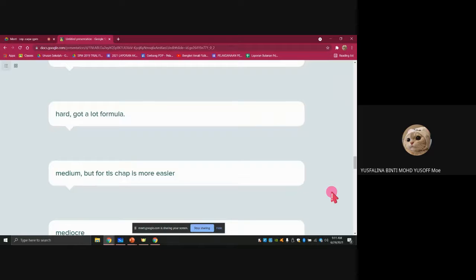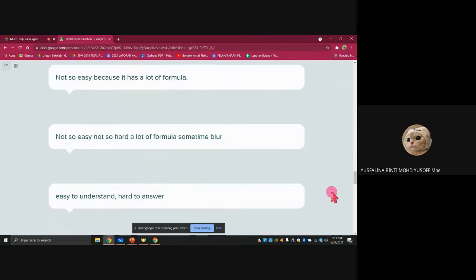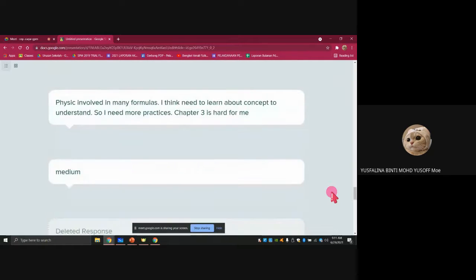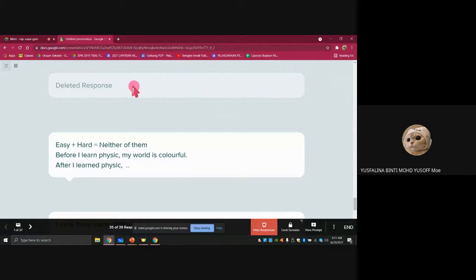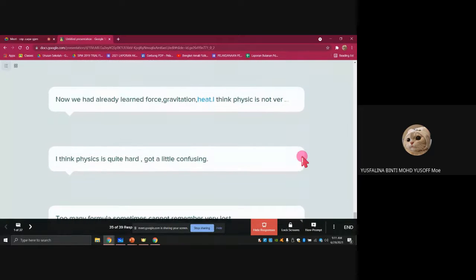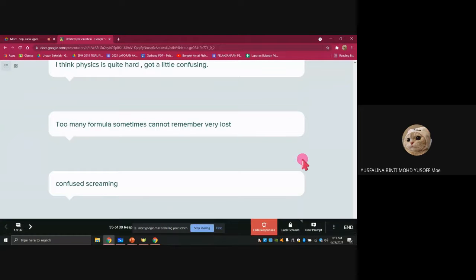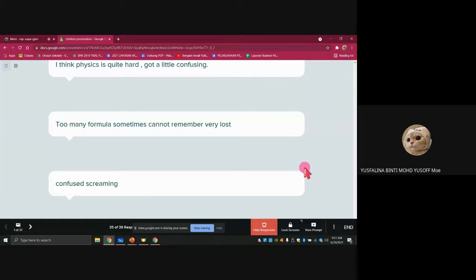Most of you said hard because of formula, right? Oh, some deleted the response. You don't need to delete because I don't know who typed. Gravitation. Yes, gravitation is quite hard. Confused, too many formula. Alright, don't worry because in exams sometimes they will give you a formula, but not all, just some of the formula.